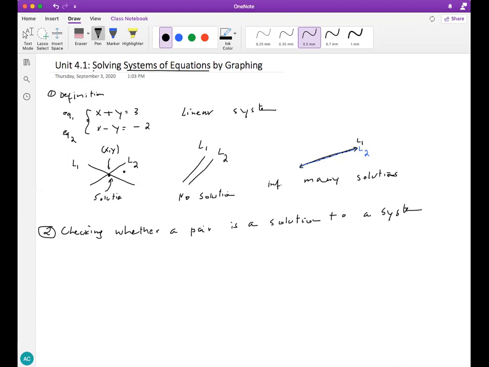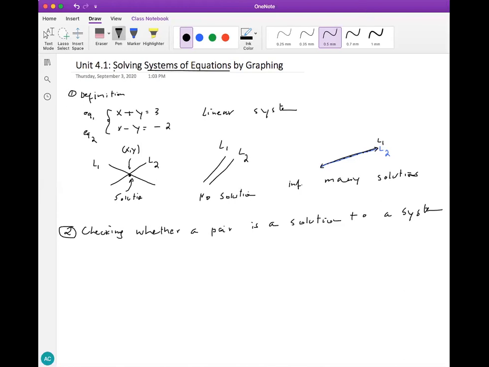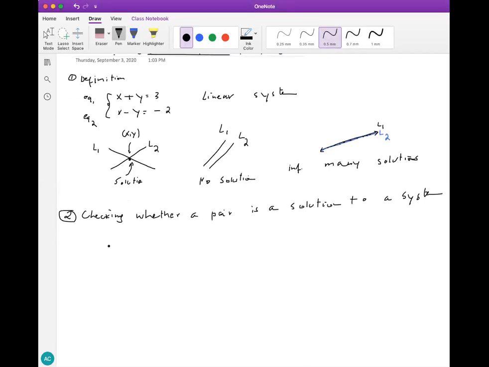Okay, so before we start graphing, let's see what we mean by xy is a solution to this. So we're going to need a system. So that system will be, let's say, x plus 4y, for example.